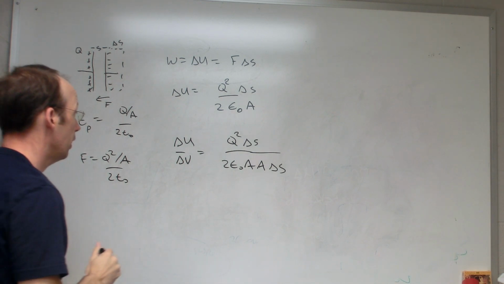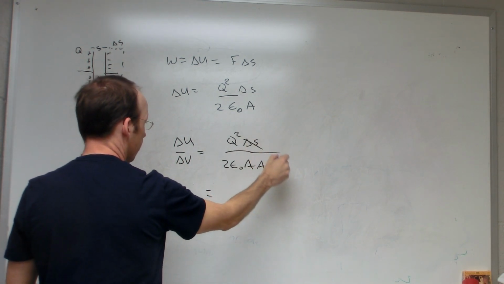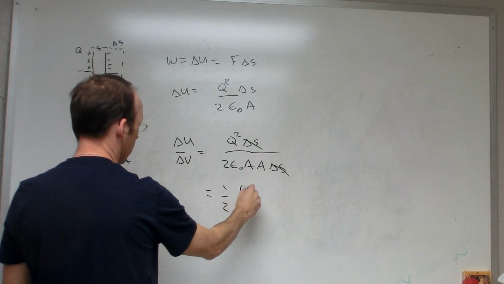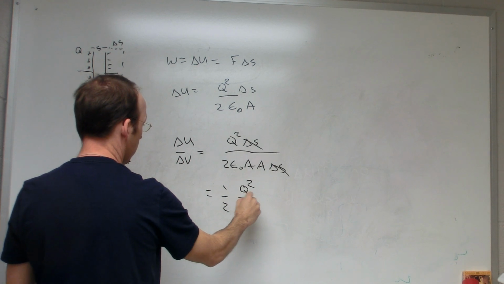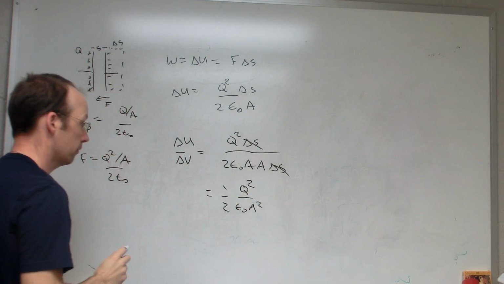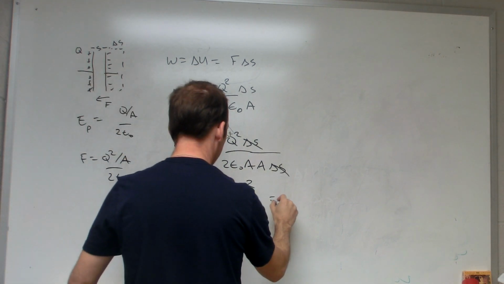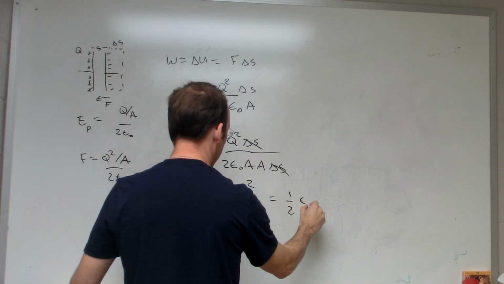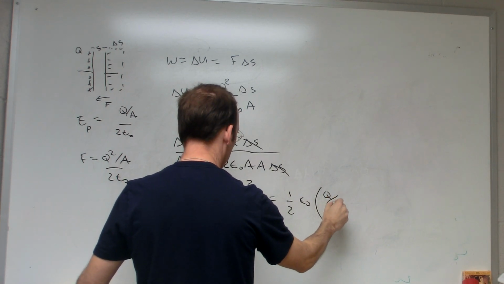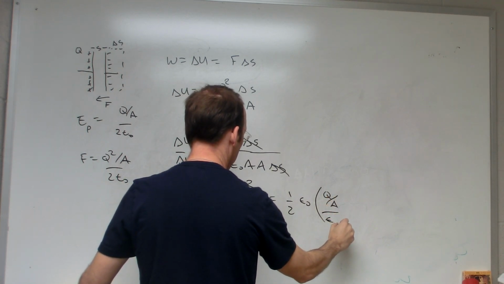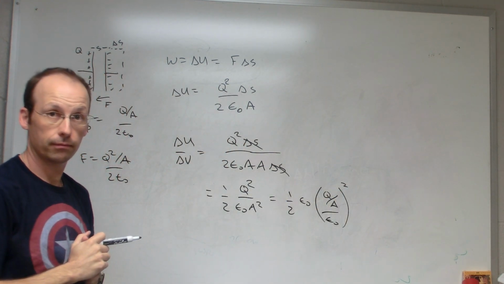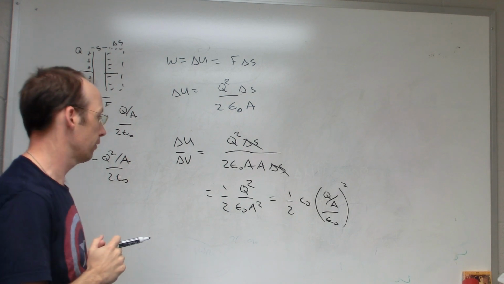Okay, so now these cancel, and I get 1/2 Q squared over epsilon naught A squared. And I can write that as 1/2 epsilon naught times Q over A over epsilon naught, squared. That's the same thing, right? It is.